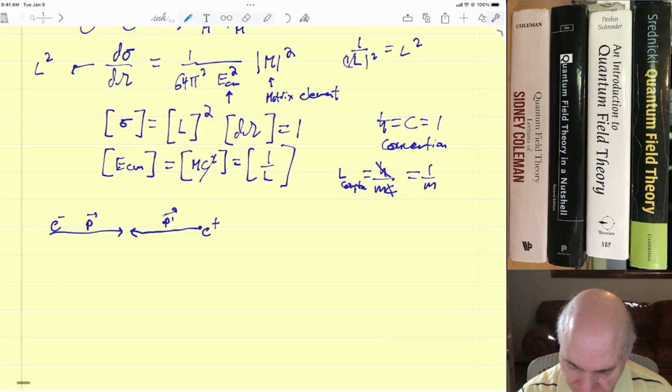And we're working in the center of mass, so we'll be working in a system where p prime is equal to minus p. And then they go fly off into muons. This is mu plus, and this is mu minus. And this is the scattering angle theta.